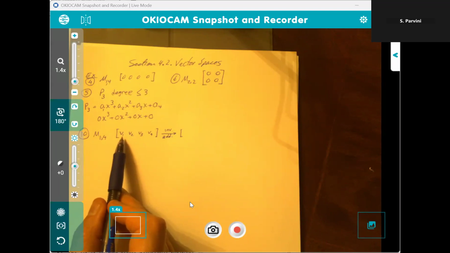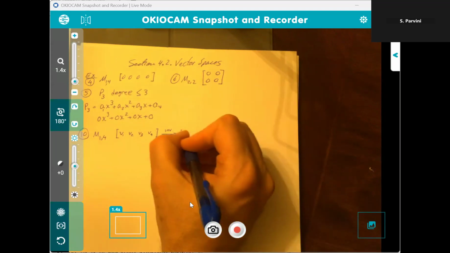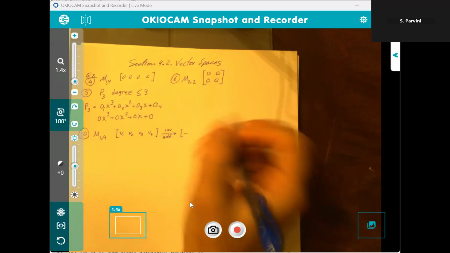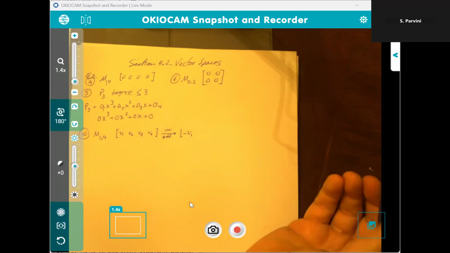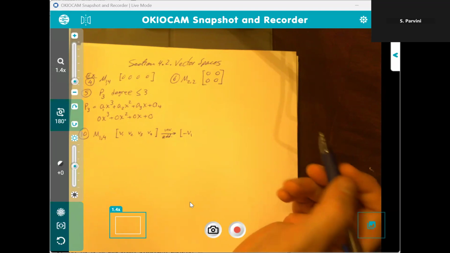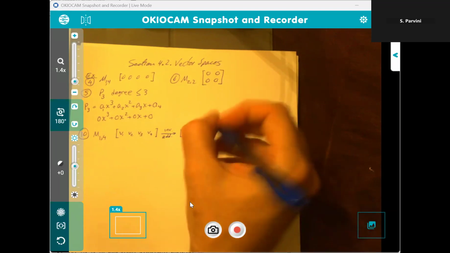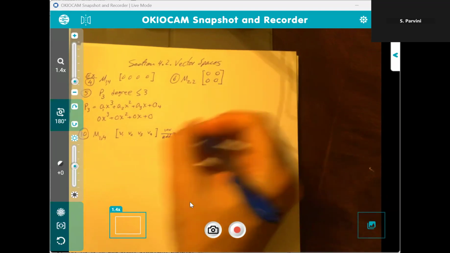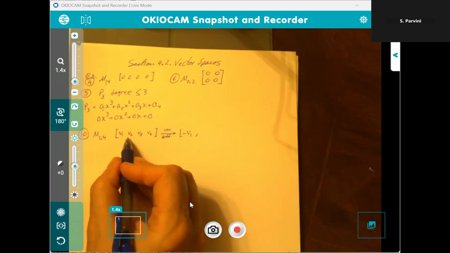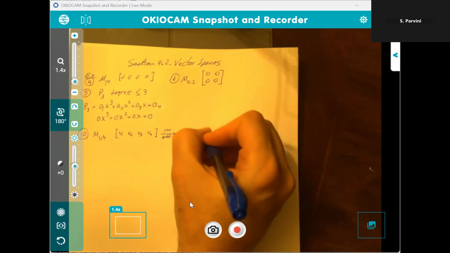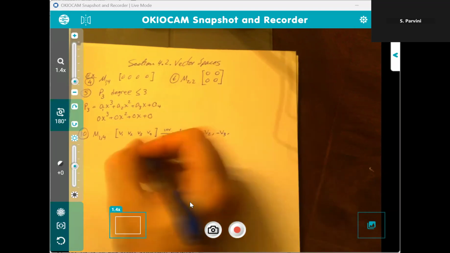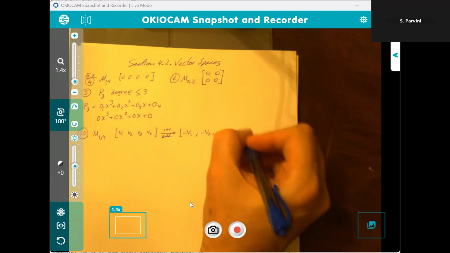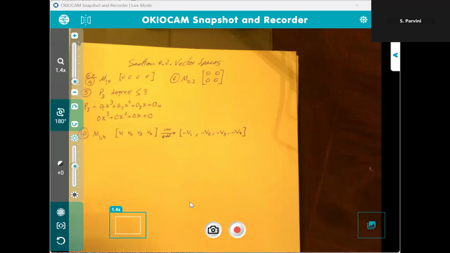What adds to V1 to make 0? Negative of V1, right? Additive inverse makes 0. You add and you get 0. What's additive inverse of V2? Negative V2. Of V3, negative V3. Of V4 would be negative V4. You see how that works?